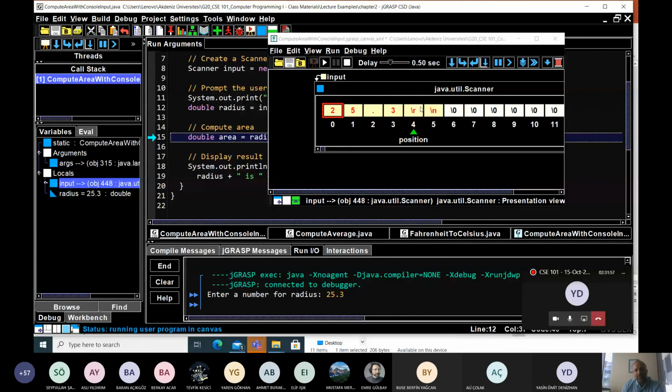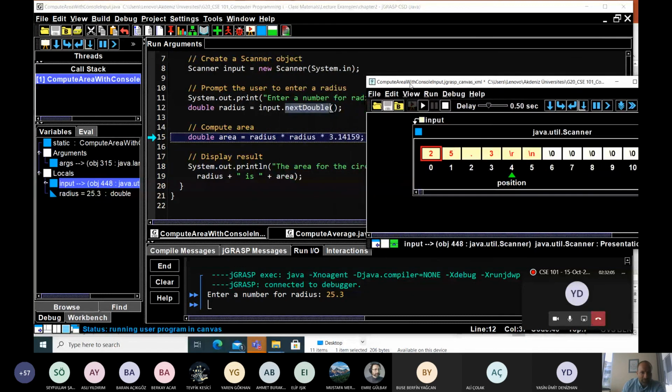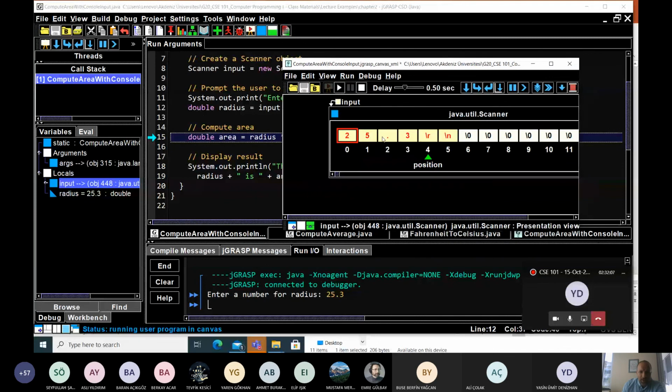It's because I hit the enter key. This is what happens when you hit the enter key. Okay. Now, what happens is this next double thing, what it did was it read through, notice the position is over here on the new line, it read through and got these characters, converted them into a double number, 25.3, and used that as the radius.